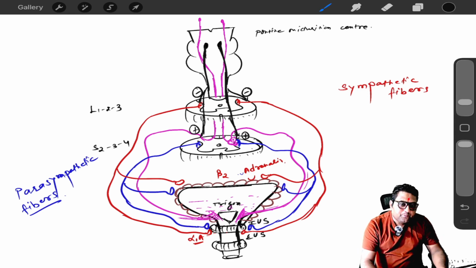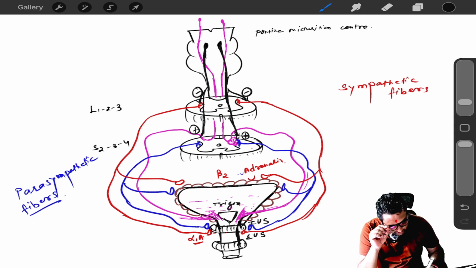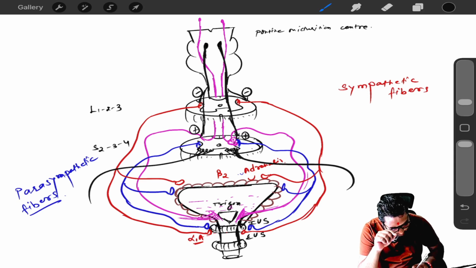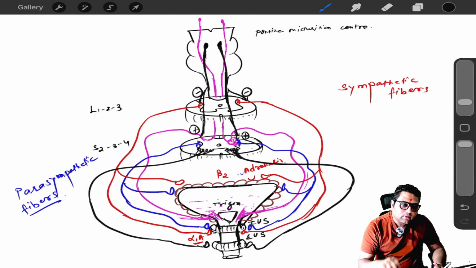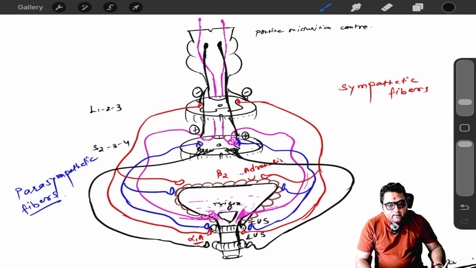And other fibers come from the anterior gray horn. These are the somatic fibers, and these somatic fibers innervate the external urethral sphincter. This external urethral sphincter is made up of skeletal muscle, so it has voluntary control.